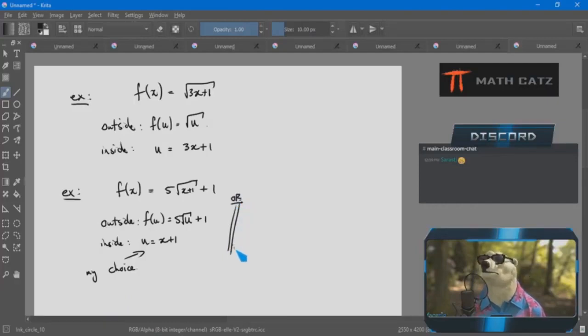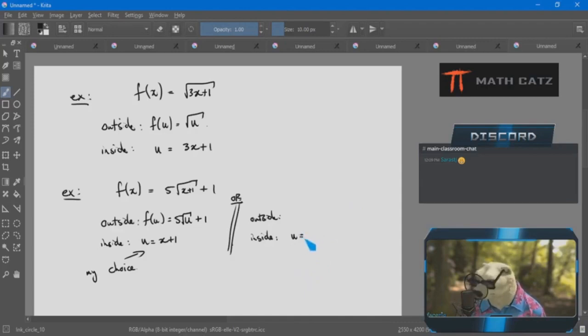Very often, there are other choices for the inside function. Not always, sometimes. More than you think. I could have chosen an inside function. I call it u. I could have chosen the square root of x plus 1. Why do I write so small?